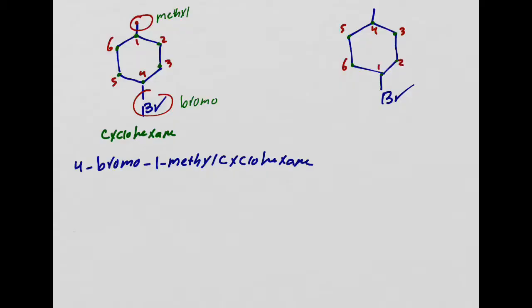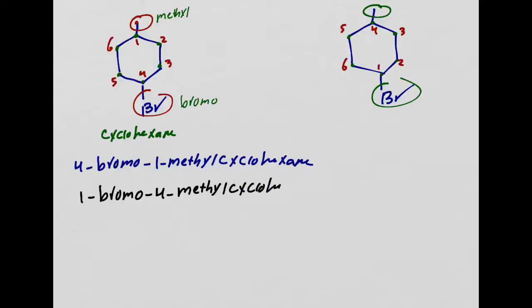Help me out. Then this is my bromo, and this is my methyl, right? So then I would get 1-bromo, 4-methylcyclohexane, you agree?